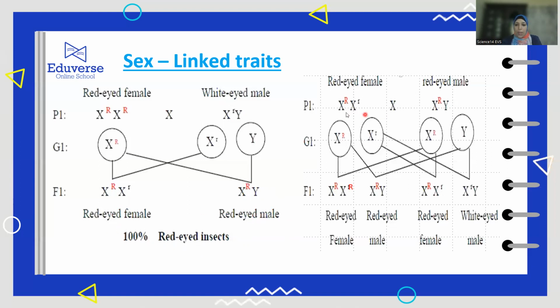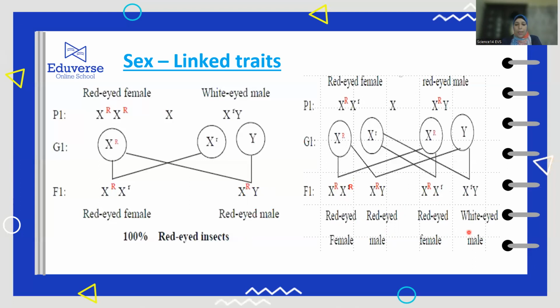The second generation: X R capital X R small, X R capital Y. The products will be X R capital X R capital, red-eyed female; X R capital Y, red-eyed male; X R capital X R small, red-eyed female; X R small Y, white-eyed male. The ratio between red eyes and white eyes is 3:1, like the normal Mendelian cases.